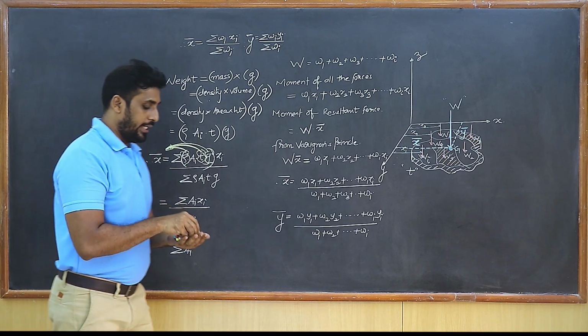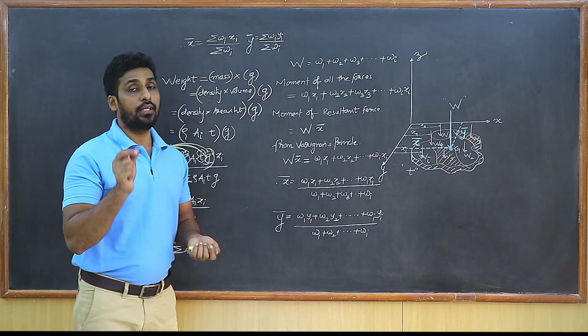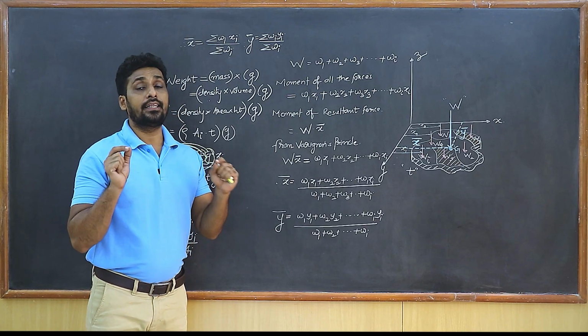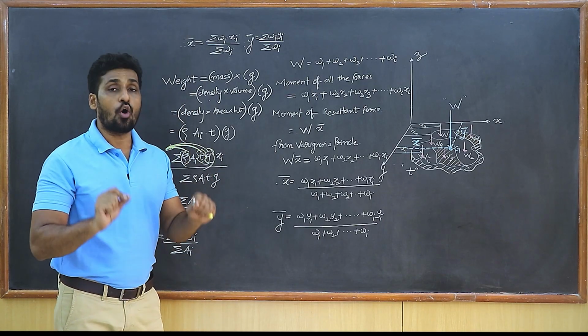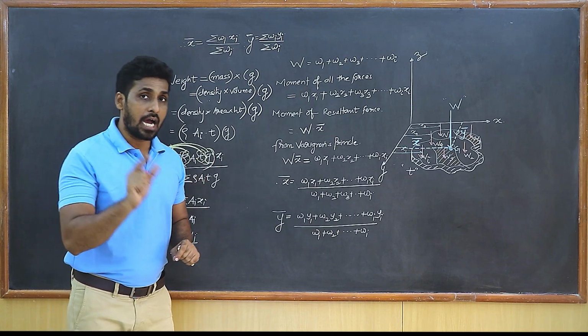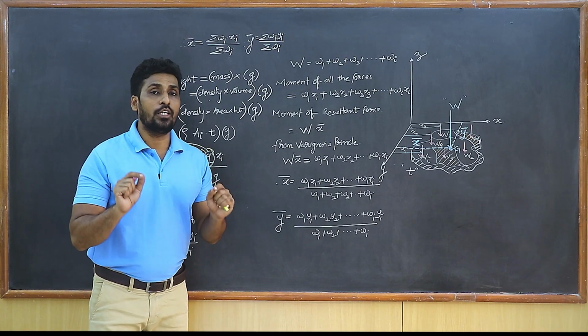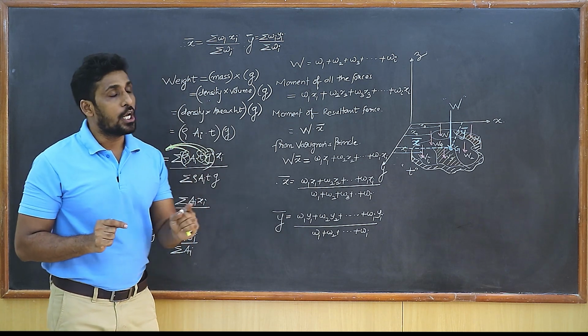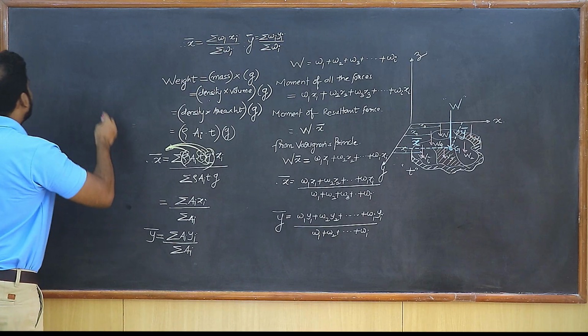So students, we need to remember the formulas in terms of the areas. We are going to solve many questions of finding the centroid of plane figures of composite shapes, and every single time we are going to consider the areas. If you recall, we have seen all the formulas for the standard shapes in terms of areas, isn't it? So that's why I'm going to write X bar now.